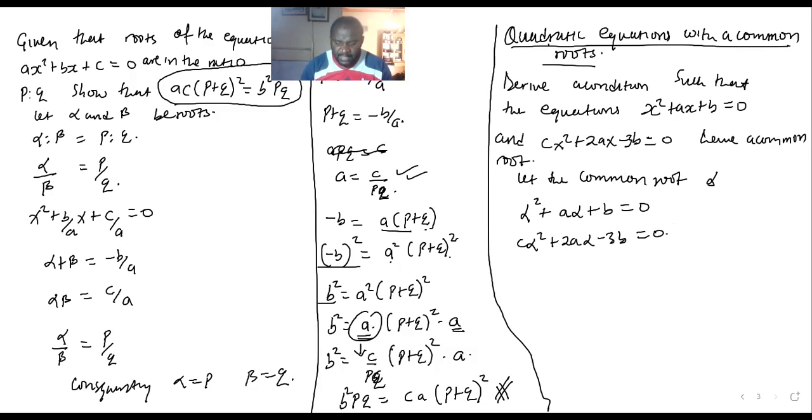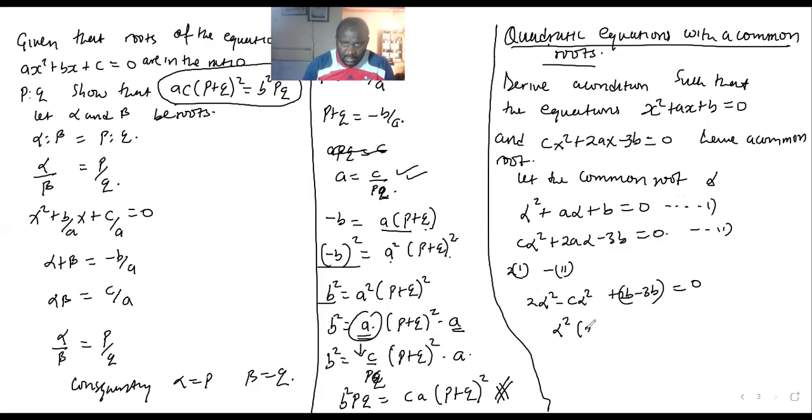So we can eliminate alpha squared, for example, by saying if this is equation 1 and this is equation 2, twice equation 1 minus equation 2. Then you'll get 2 alpha squared minus c alpha squared plus 2b minus 3b is equal to 0.